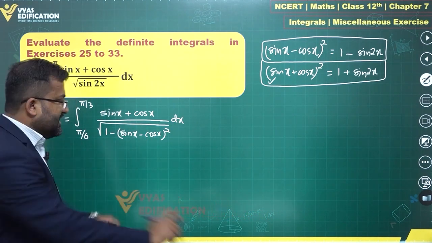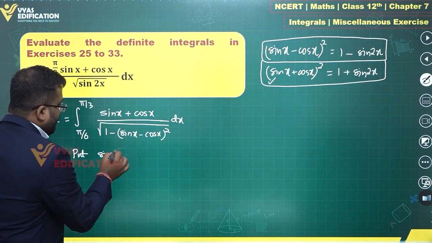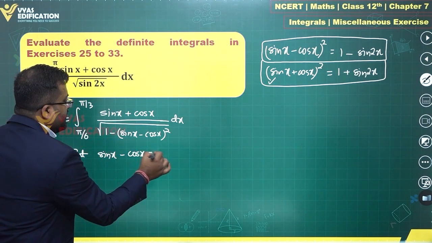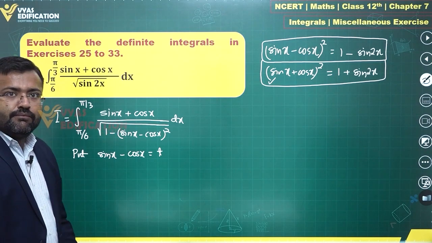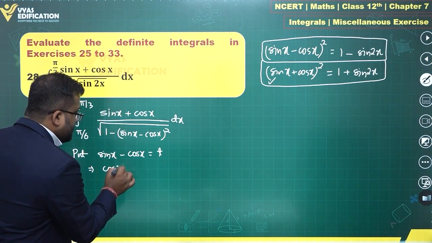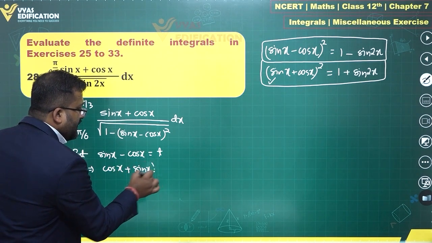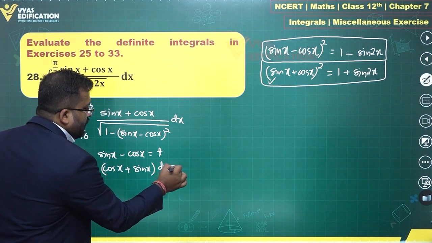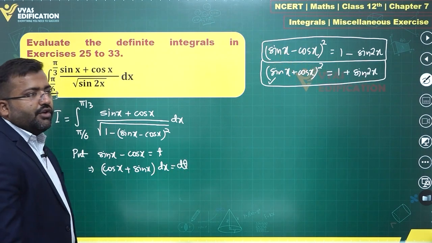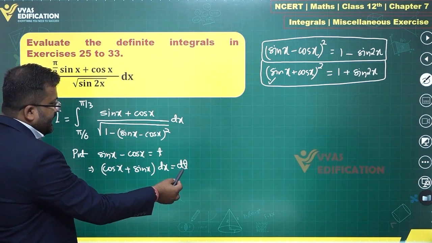And now make the substitution. Put sin x minus cos x is equal to t. Once you do that, what do you get? The derivative of sin x is cos x, the derivative of cos x is minus sin x, that becomes plus sin x, so sin x plus cos x dx is equal to dt. This is what you get.